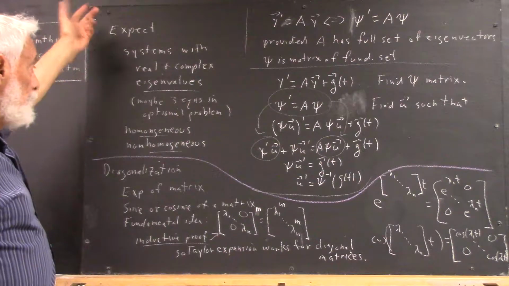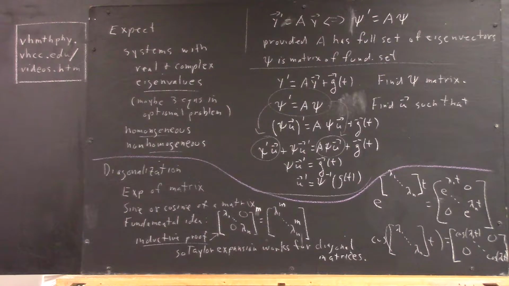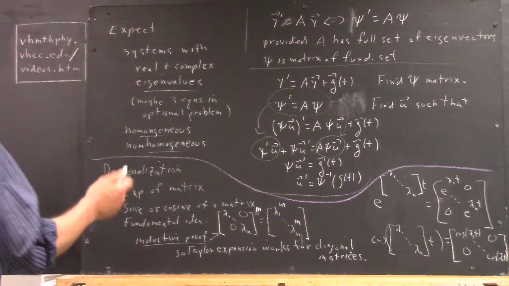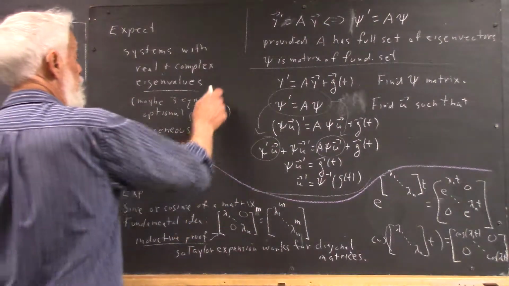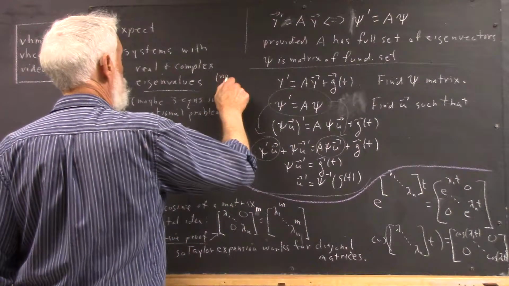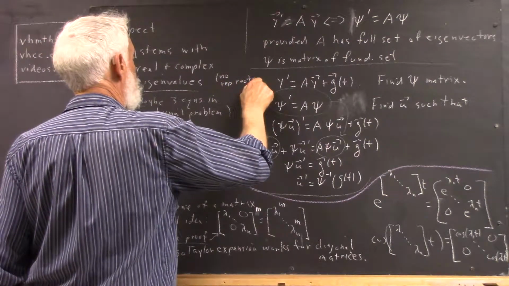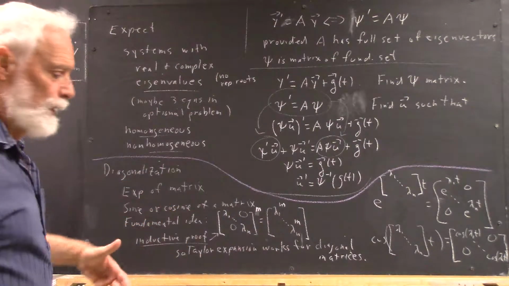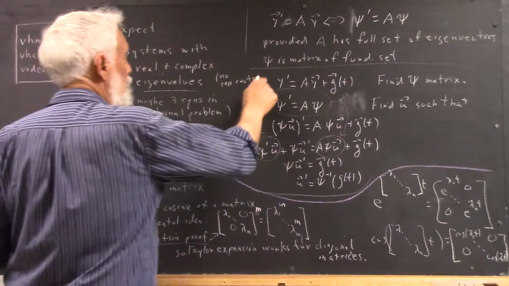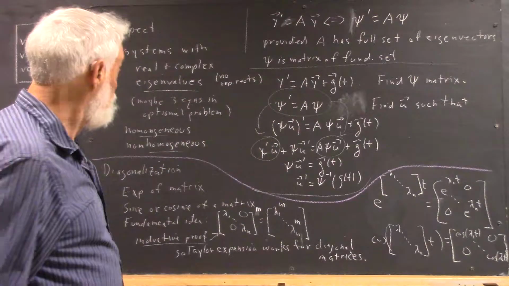Okay, so you can expect what? Systems with real and complex eigenvalues. We've not talked about repeated roots, because of time constraints we had to omit that. So I'll say no repeated roots, and no consideration of multiplicity of eigenvalues, since you're not having any repetition of roots.